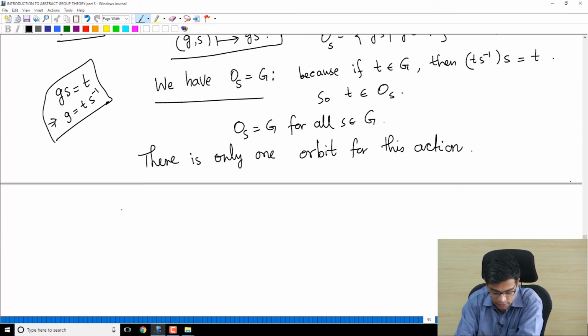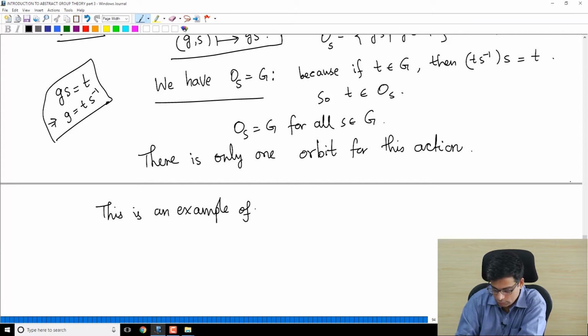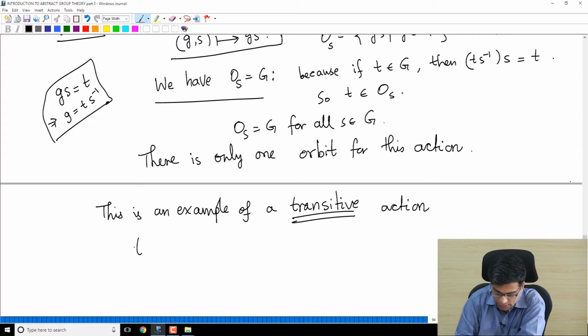I will define this formally again in some other video, but this is an example of transitive, which means only one orbit.